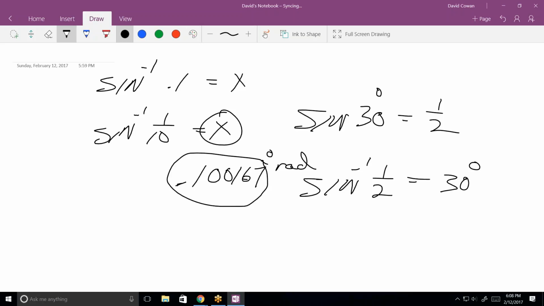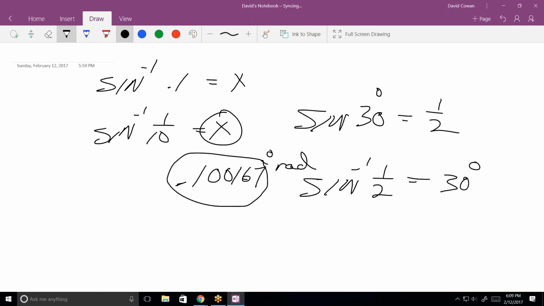But your calculator is telling you you're in radians. Yes. Okay, well, that answer you got then is radians, because when I do it, I get degrees, and I know I'm in degrees because when I took the sine of 30, I got 1/2. Whereas if I was in radians, taking the sine of 30 would not give me 1/2.